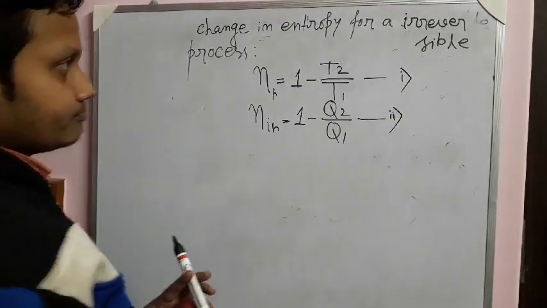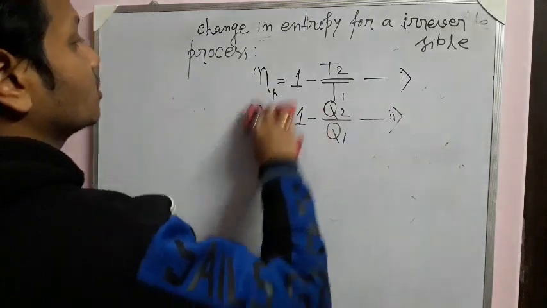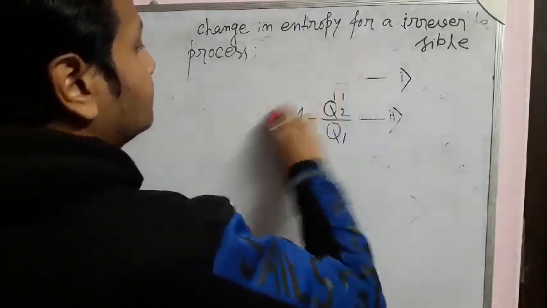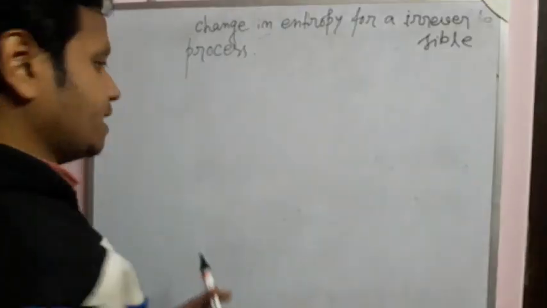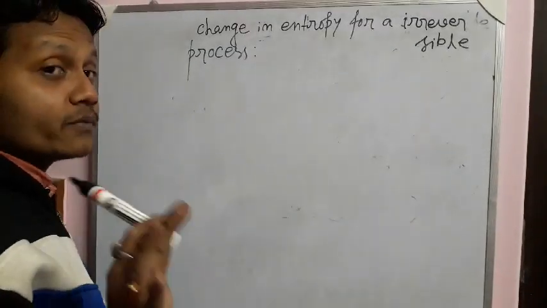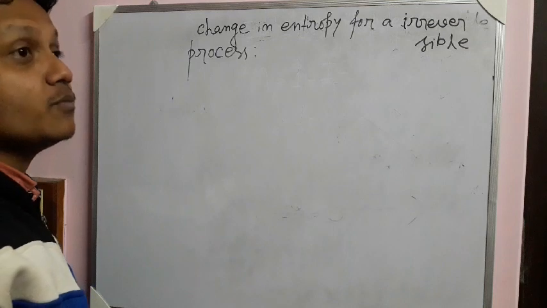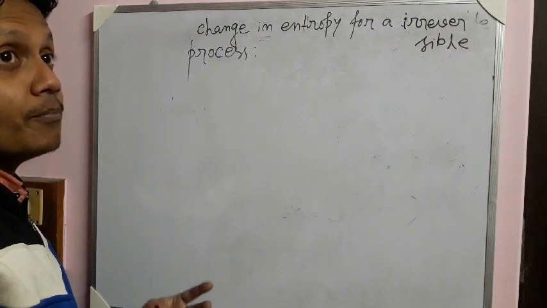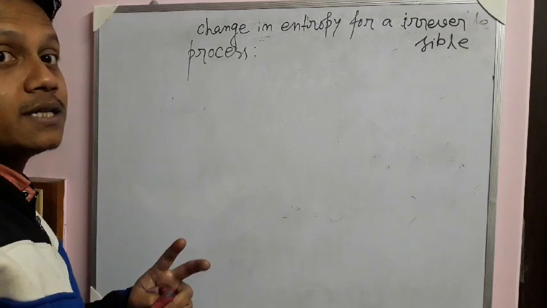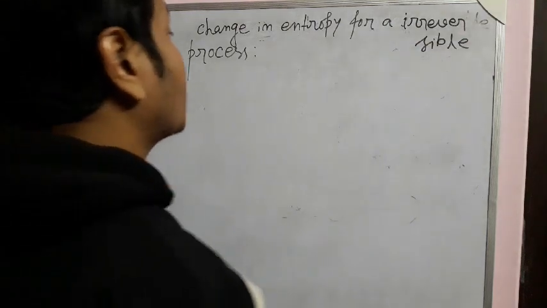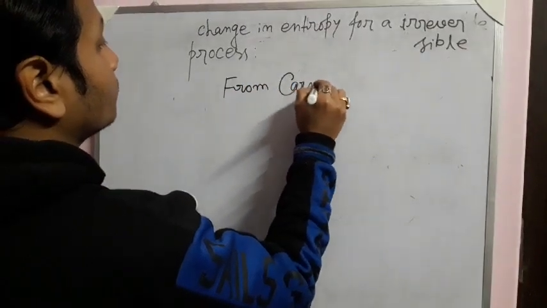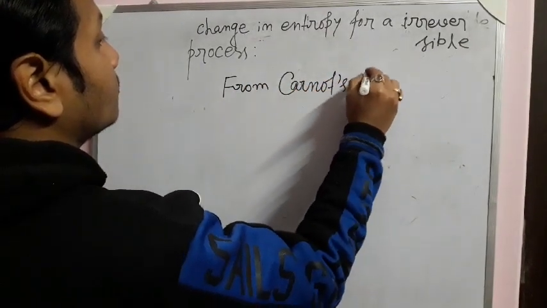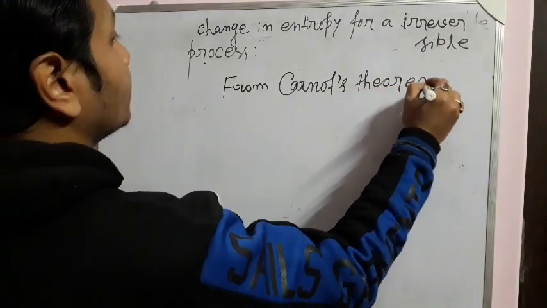Now by using Carnot theorem, which we will study later, I just tell that it states that no engine is more efficient than a reversible engine. That means a reversible engine has the maximum efficiency and no other engine can cross it. So from Carnot theorem, what we get?